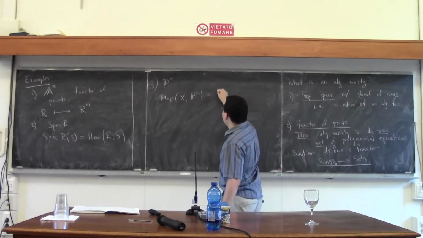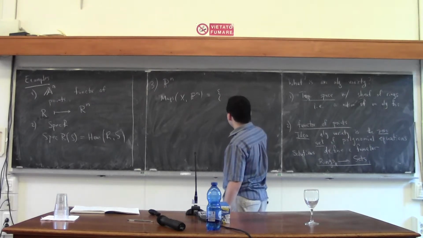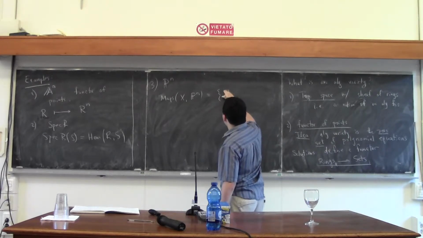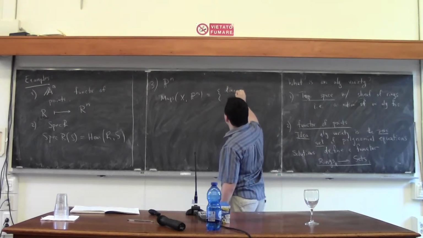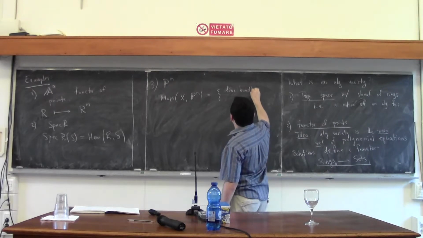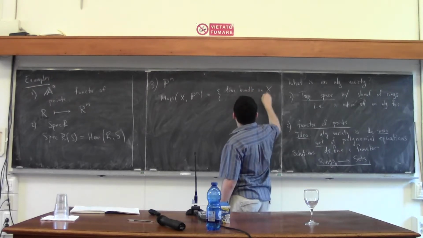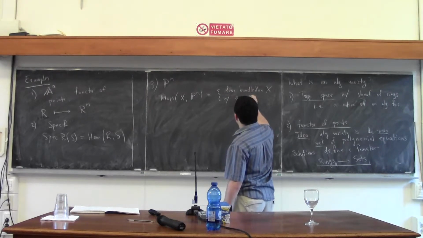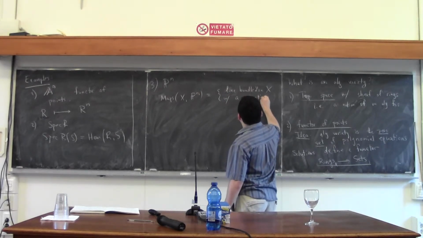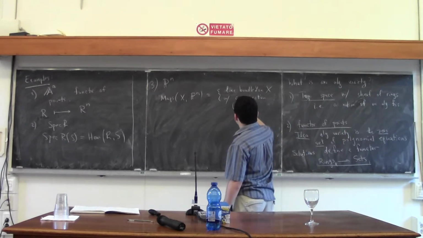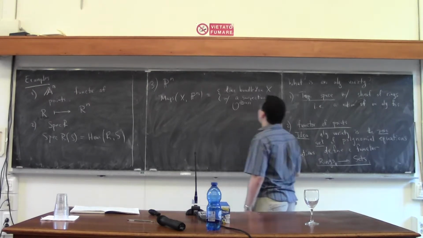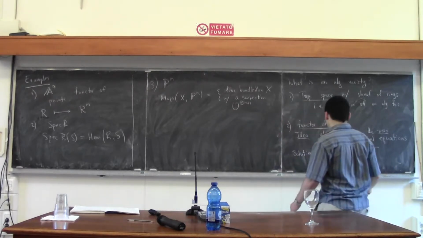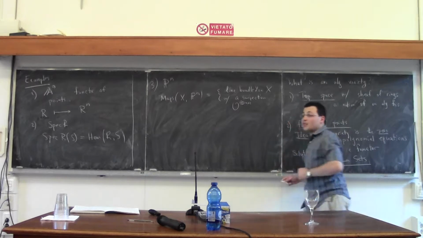This is the same thing as a line bundle on X with a surjection of n plus 1 copies of the structure sheaf O.